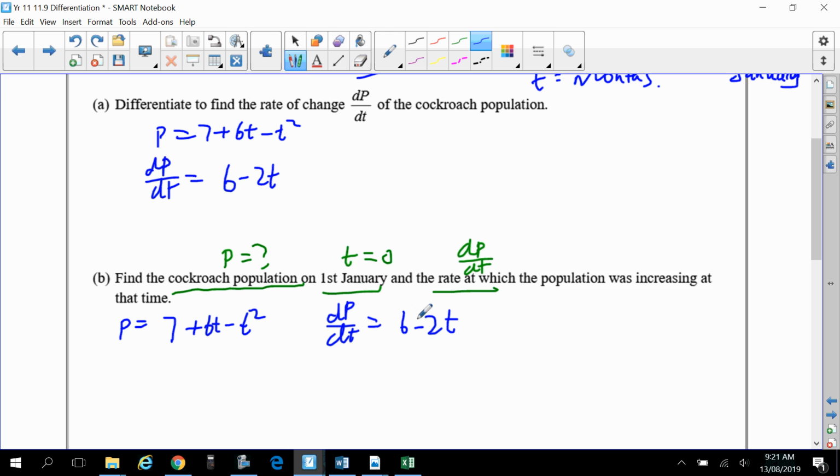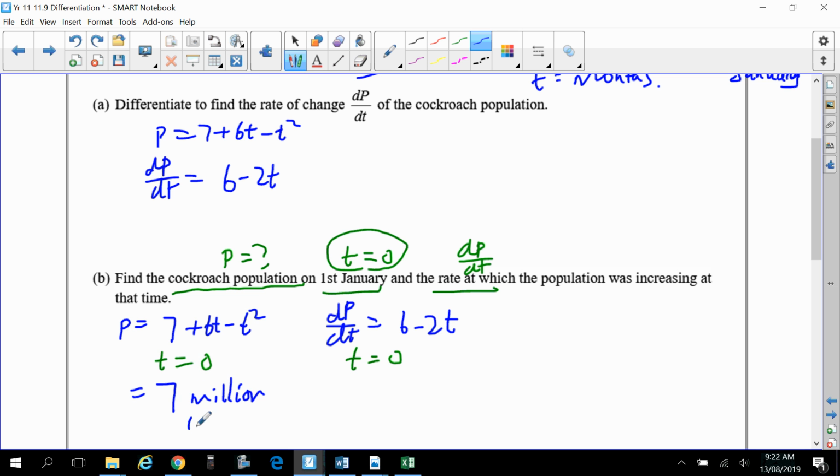We'll get these two, and then we have to find the value of the population as well as the rate at the given time t equals 0. So we're going to substitute t equals 0 in both formulas, and that will tell us different information. If I substitute t equals 0, I will get 7. What does 7 mean? 7 million what?